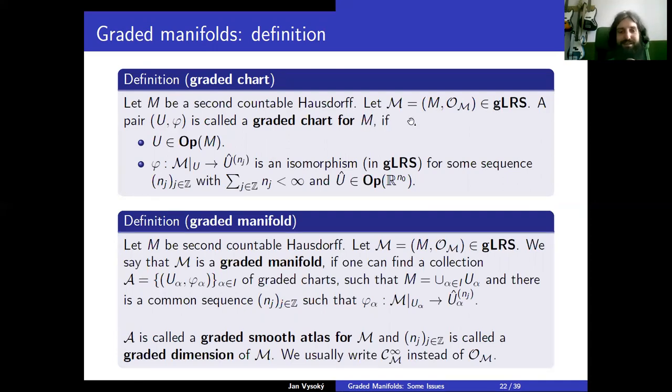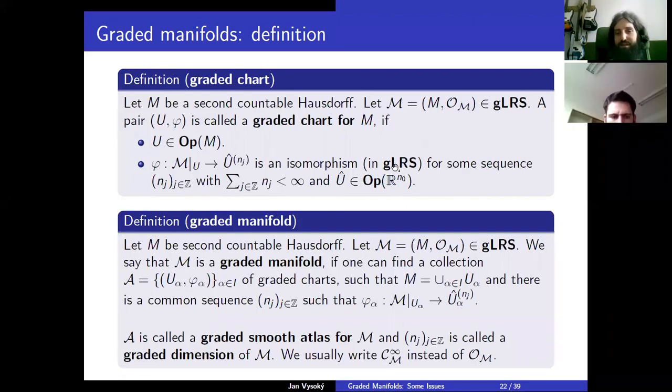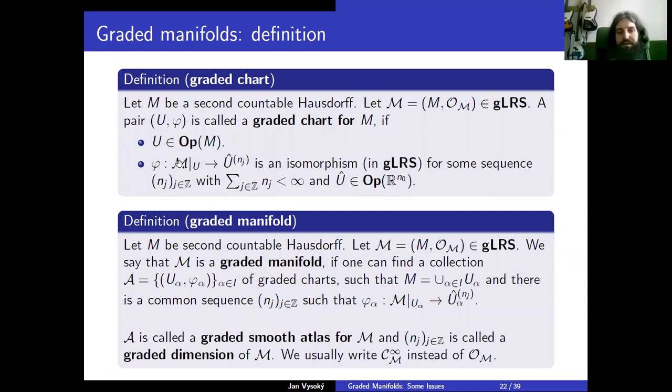Typo is still here after one week. Perfect. If U is an open subset of my topological space, and this phi is an isomorphism in the category of graded local ringed spaces from the restriction of my sheaf to the open subset U to a graded domain. And what is a graded domain?